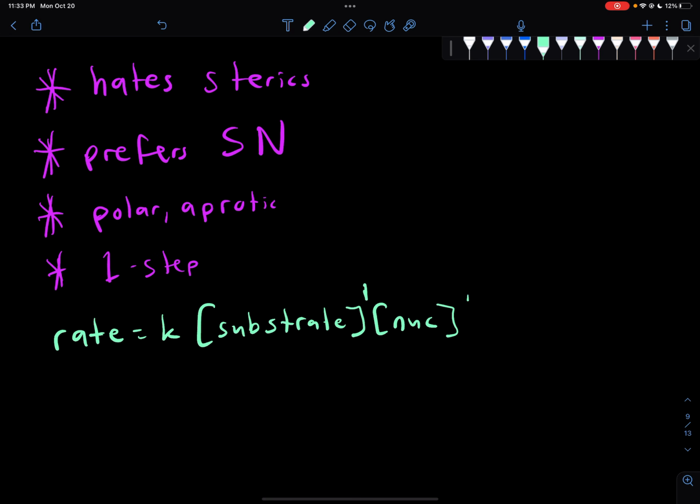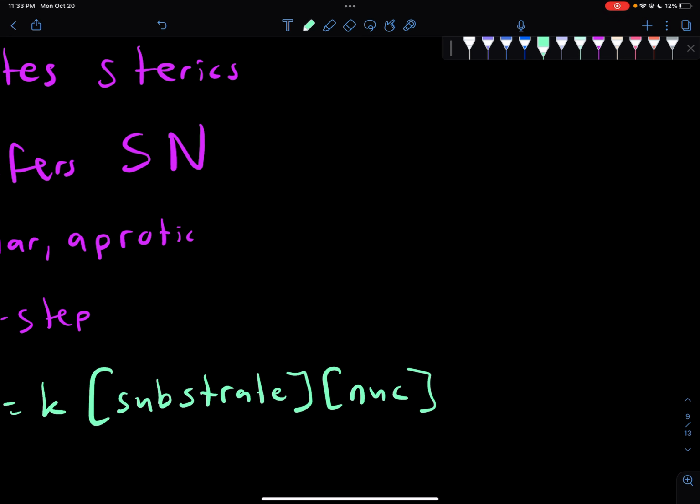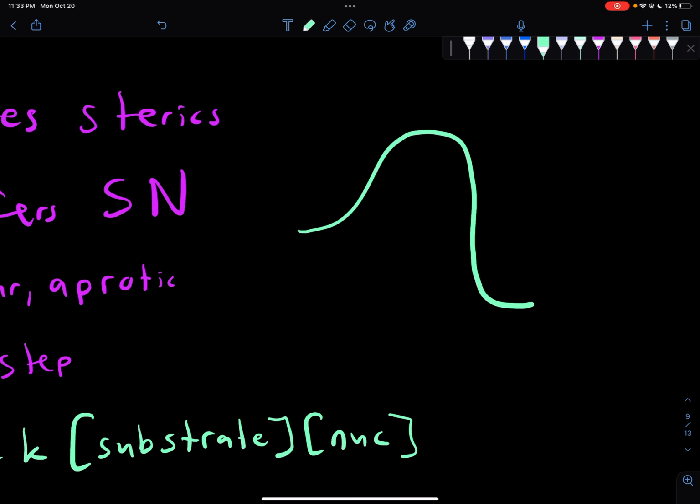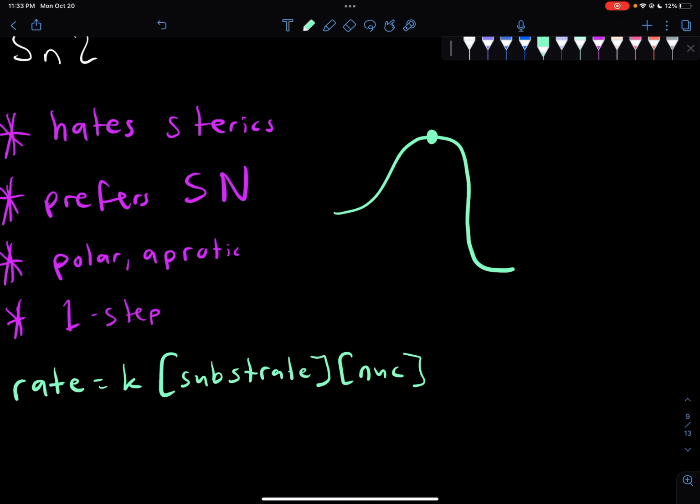We have two things going on, right? So this time, your nucleophilicity does matter. It does affect the rate. And your reaction is a one-step reaction. It's also exothermic, but it's a one-step reaction. So there is no intermediate. You just have a transition state. That's all you have. Reactant, transition state, and product. That's all you have here.